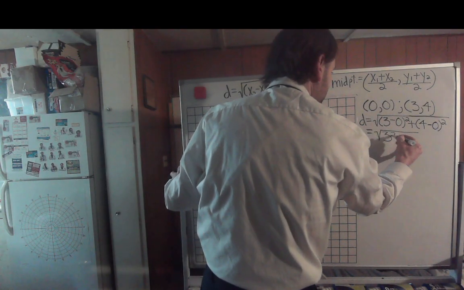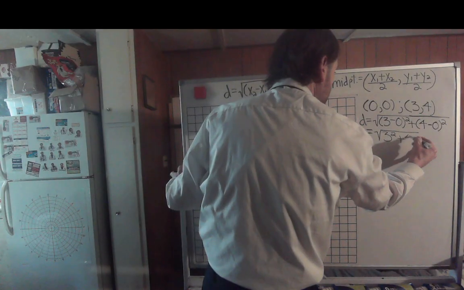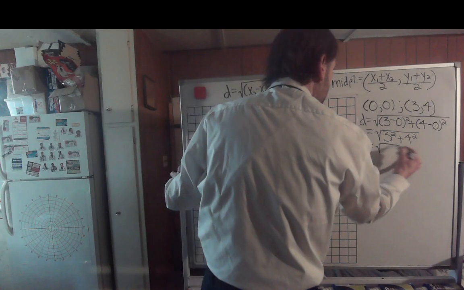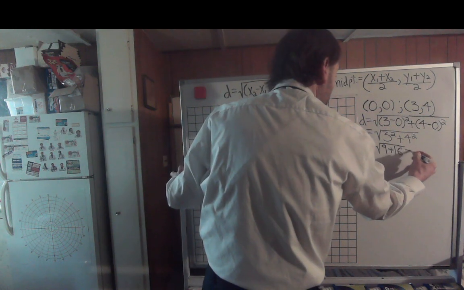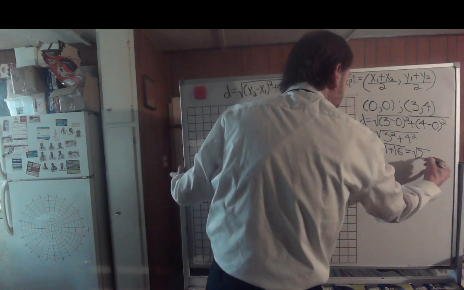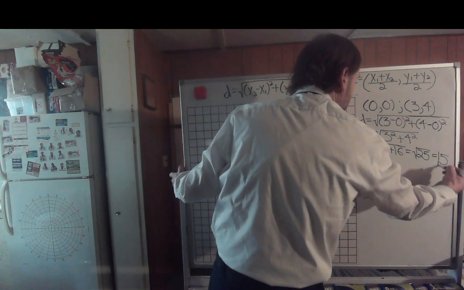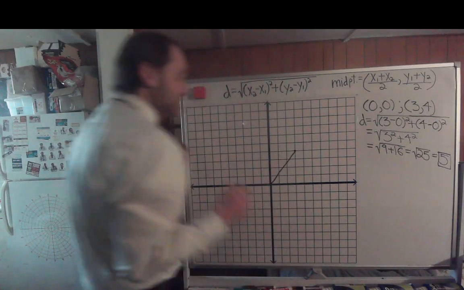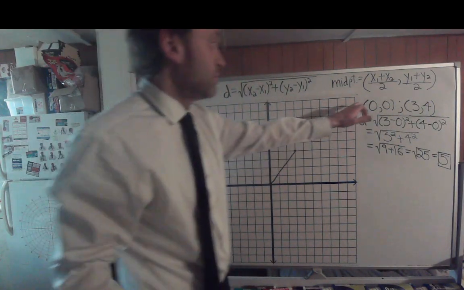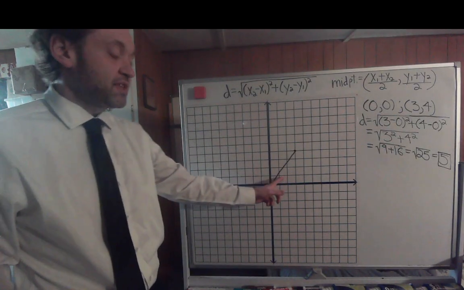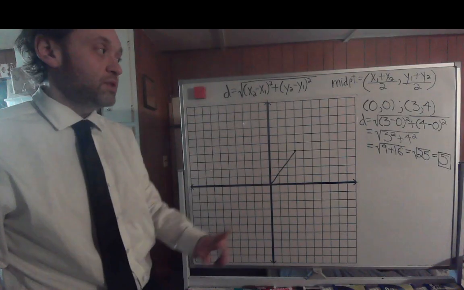I would get the square root of 3 squared plus 4 squared, which would give me the square root of 9 plus 16, which equals the square root of 25, which means I have a distance of 5 units. So the distance between the 2 points 0, 0 and 3, 4 would be 5 units, so the length of this line segment is 5 units.